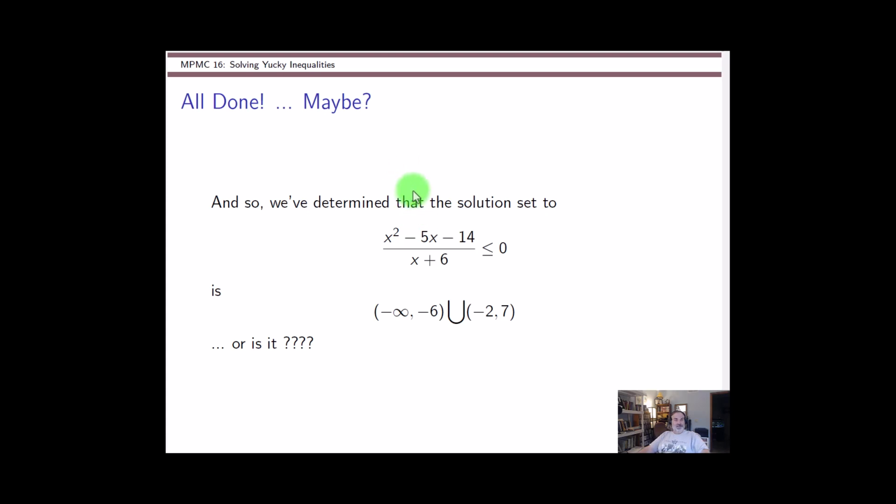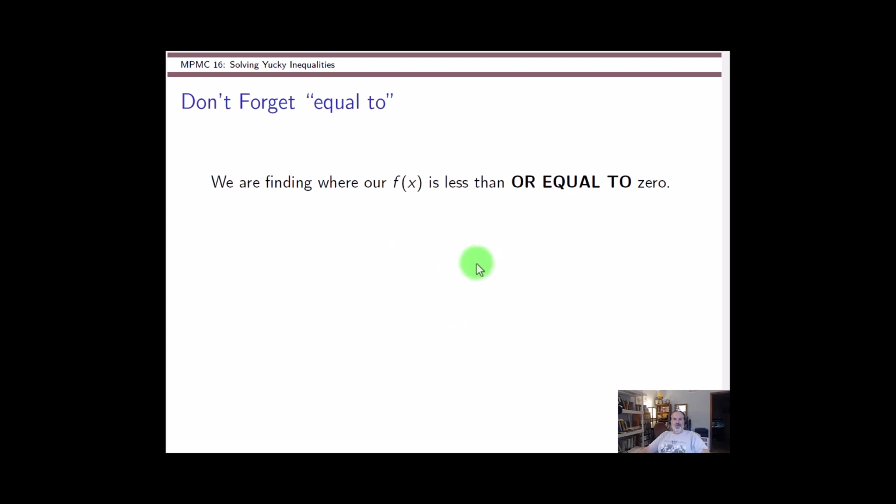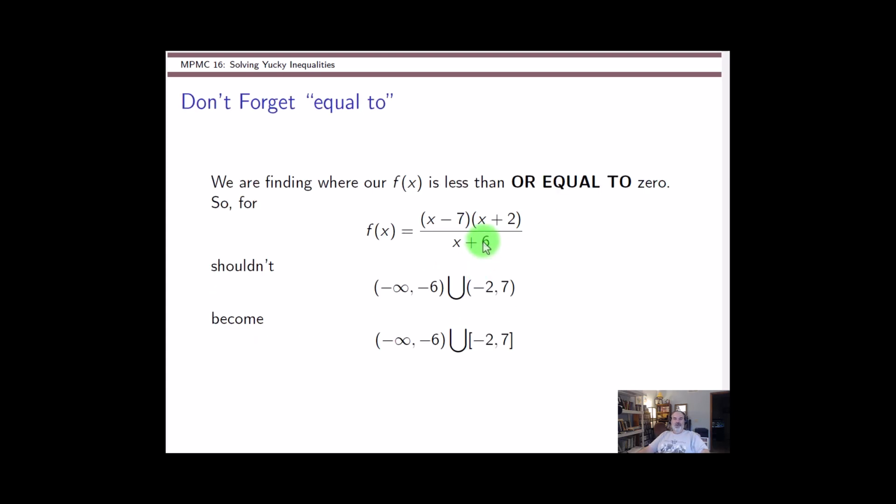Or is it? There is a subtle detail here. We just discovered the intervals where this particular function is less than 0. The actual problem would like us to know where that function is less than or equal to 0. That second part is kind of a footnote because it's pretty simple. Remember that the function is x minus 7 times x plus 2 over x plus 6.